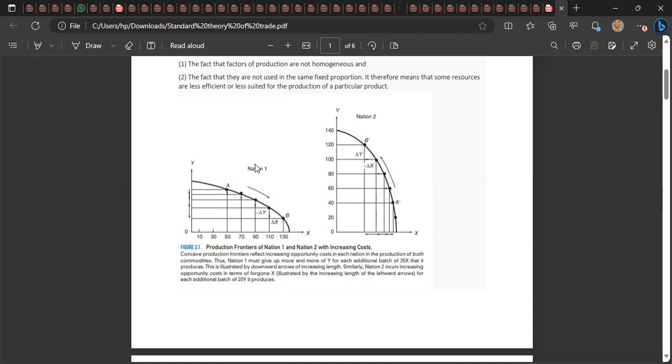Think of it this way: unskilled workforce is cheap. Why? Because there's just a lot of it in the world. Hence, it's cheap. So once a country has a lot of unskilled workforce, it can succeed in the production of commodities that require unskilled workforce.